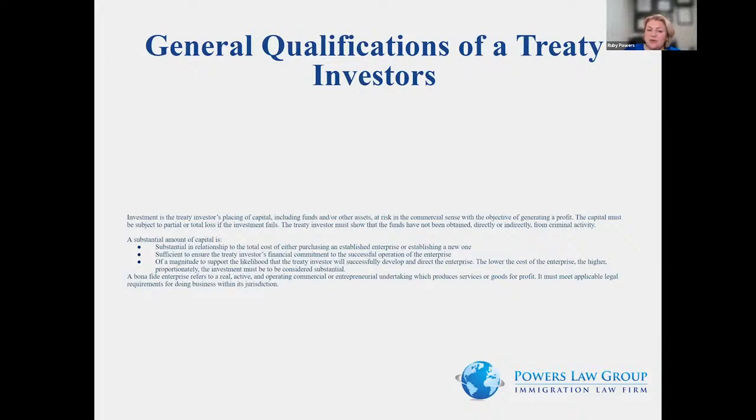Continuing on the substantial, of a magnitude to support the likelihood that the treaty investor will successfully develop and direct the enterprise. So it's important to note that the lower the overall amount that's invested, the higher proportionally the investment must be to be considered substantial. So the lower the cost of the enterprise, the higher the investment must be.